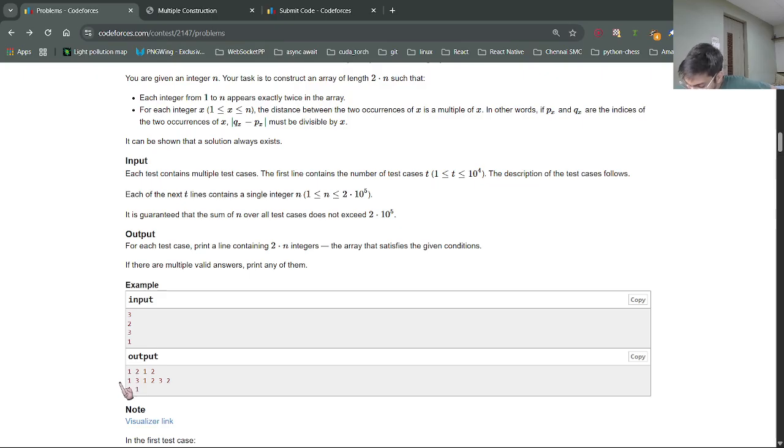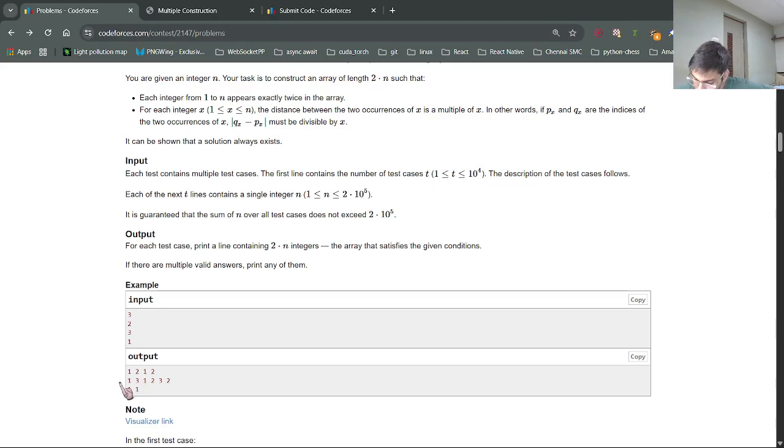1, 2, 3, 4, 4 distances here. 5. If I put a 3 here, I'm going to get 3.